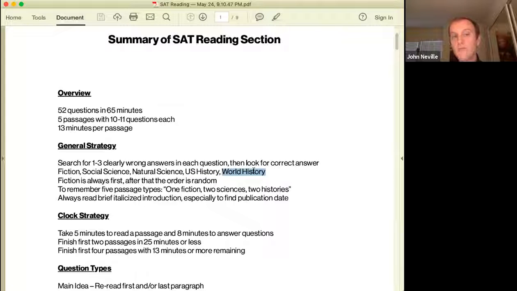So commonly, the two most difficult passages are, as I said, the natural science passage, but also a historical passage that was written in the year 1785 or the 1800s. And the SAT is not afraid of using a passage or a speech or an article from a time where a lot of the words had different definitions than they might now.